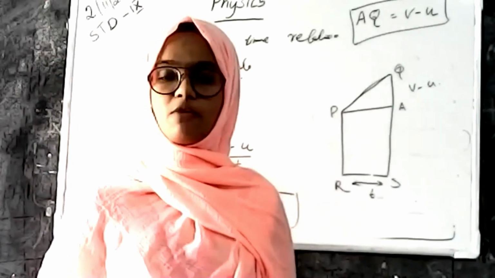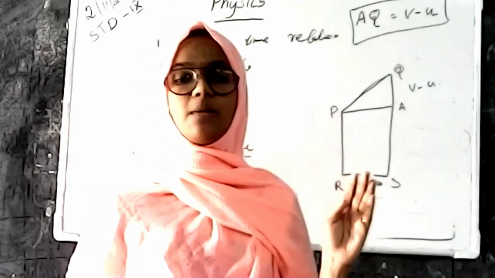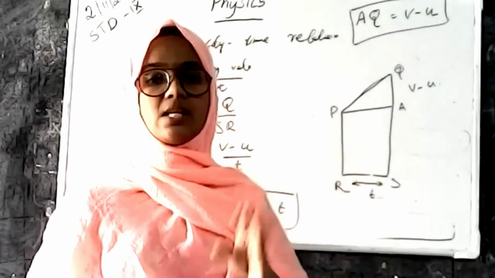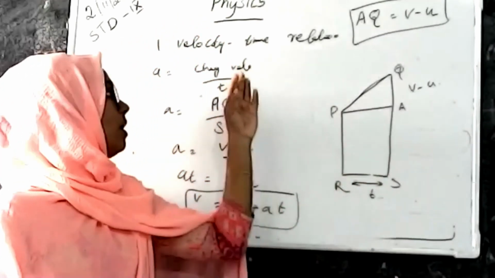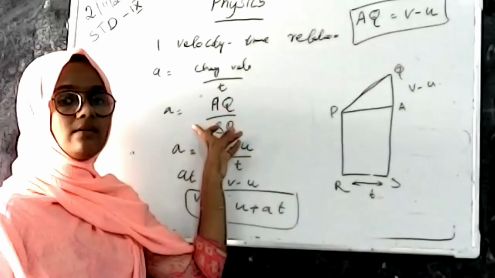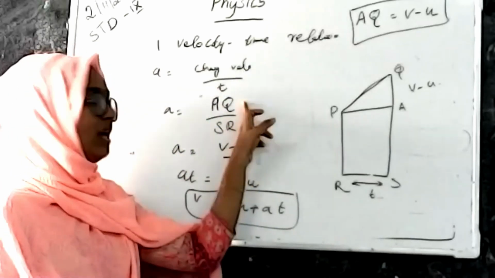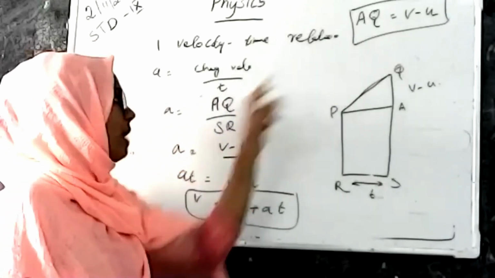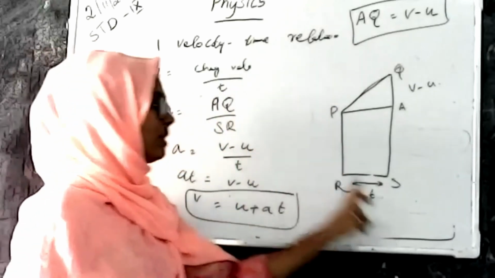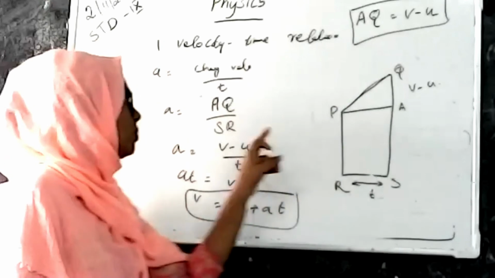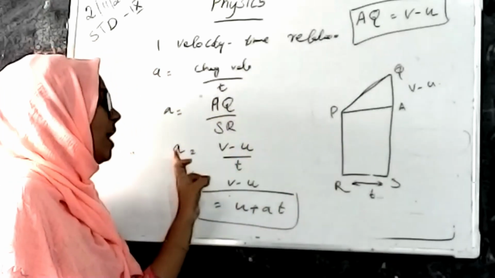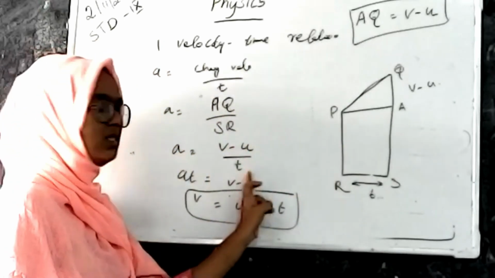What is the acceleration of a body? The changing velocity per time. The changing velocity per time is denoted using the trapezium as AQ by SR. And we know AQ is V minus U, and SR is T.